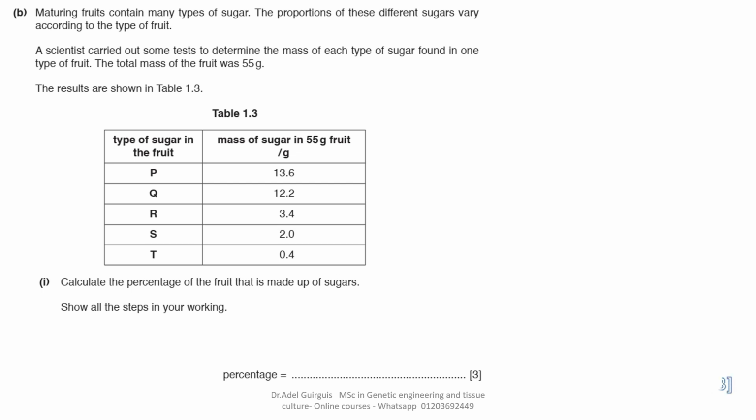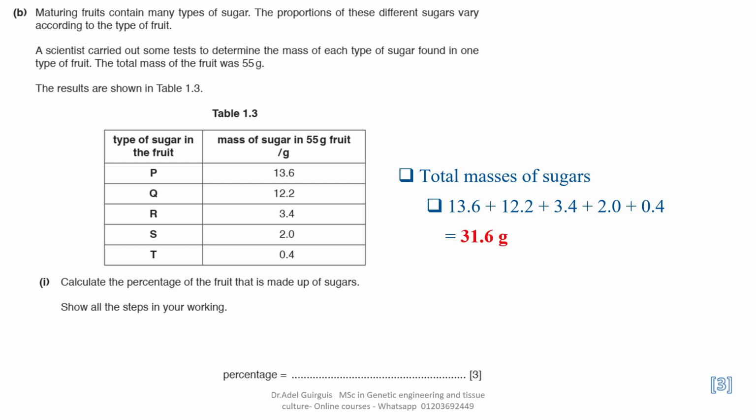Firstly, in our working, we have to sum all the masses of different sugars present in the fruit by adding 13.6 plus 12.2 plus 3.4 plus 2 plus 0.4 equal 31.6. This is the first step. This is the total mass of sugar present in 55 grams of fruit.